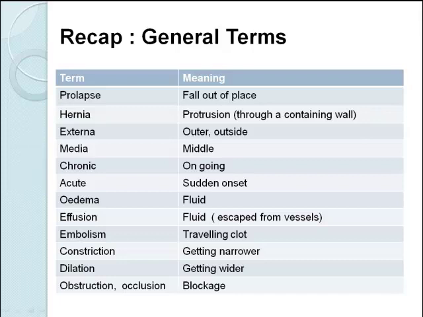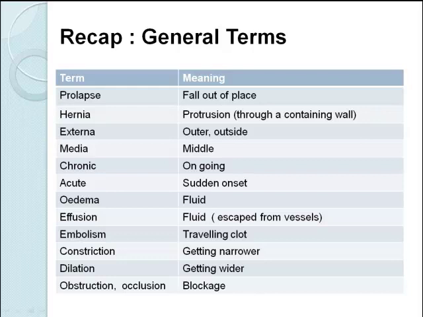Edema is fluid. So you'd have pulmonary edema, fluid on the lungs. Effusion also means fluid. And I could have otitis media with effusion. So that's when I'd have a build-up of fluid in my middle ear. Embolism is a travelling clot. So a pulmonary embolism would be a travelling clot that has landed in the lungs.